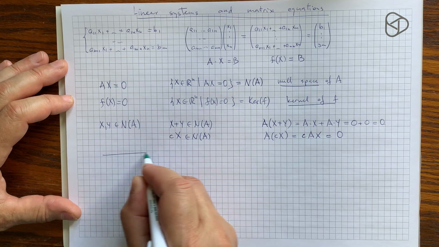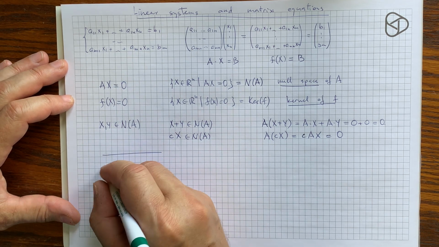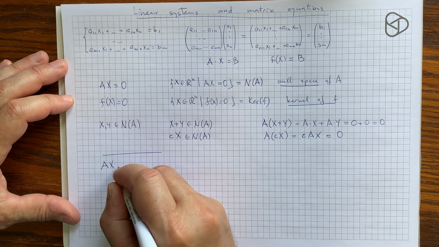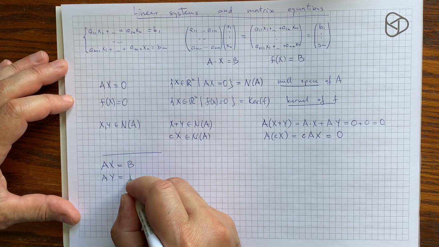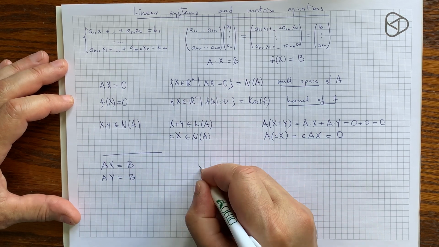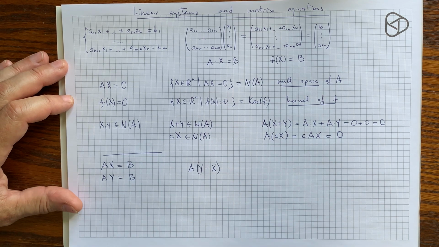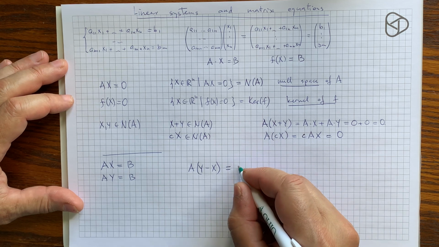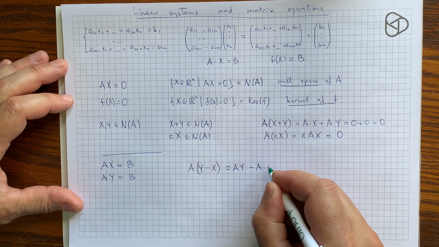And the next statement we had is about non-homogeneous systems. So if we're solving this equation and we happen to have two solutions, then the difference will be a solution of a homogeneous system. And it's easy to see again using this matrix arithmetic, because what we'll have here is the difference of the products.